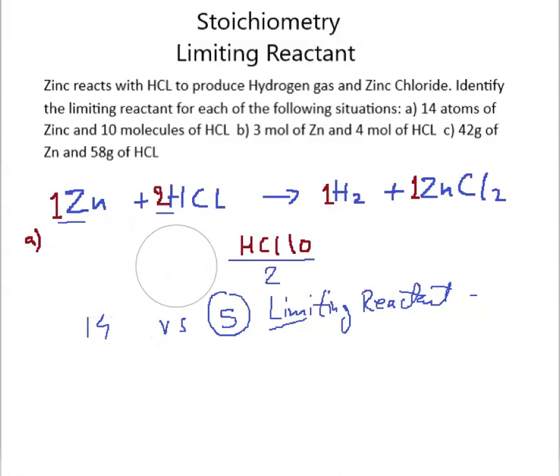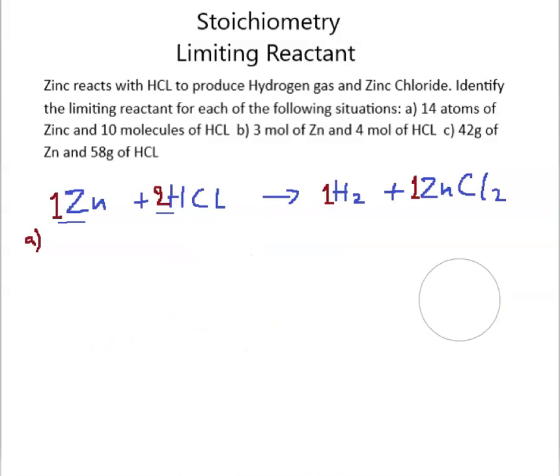Let's erase that. So it says 3 moles of zinc and 4 moles of HCl. So 3 for zinc versus 4 for HCl.